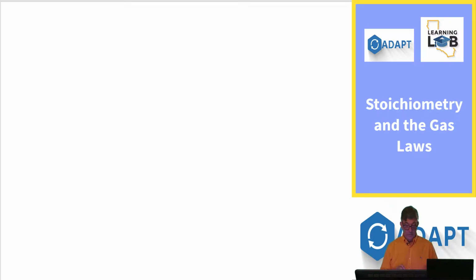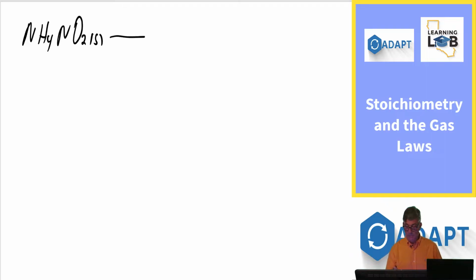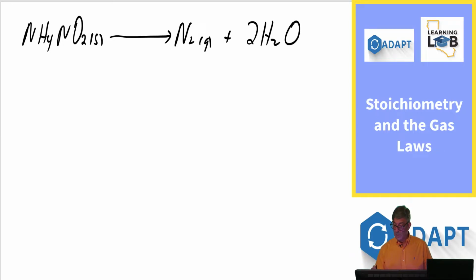All right, let's go ahead and write. What I typically do is write down our reaction and write down the information that we're provided. So we have ammonium nitrate decomposing to nitrogen gas and water. What we're provided information on is the nitrogen gas that's generated.